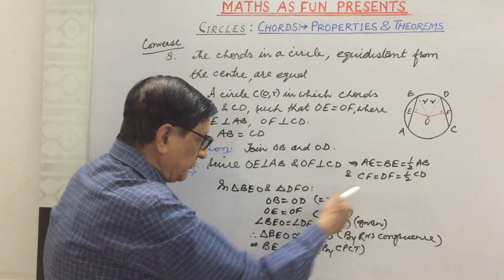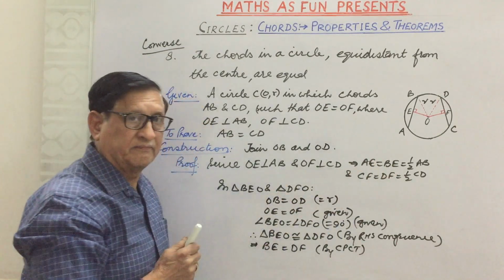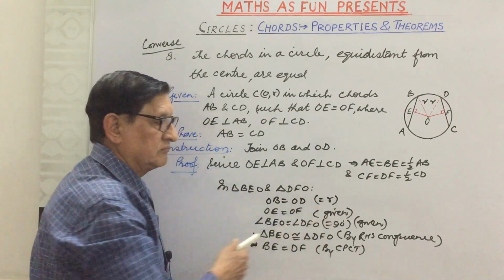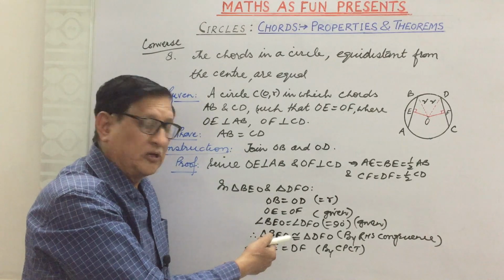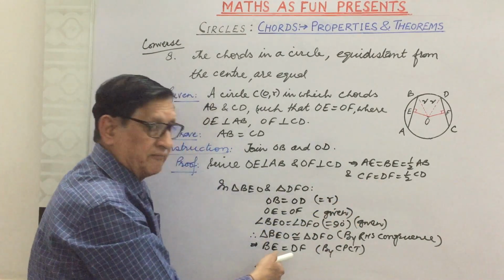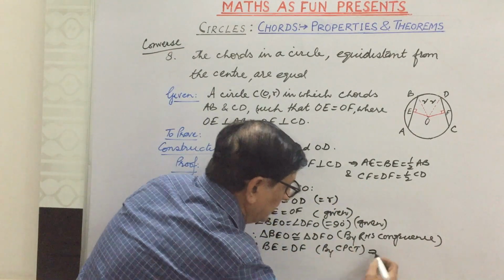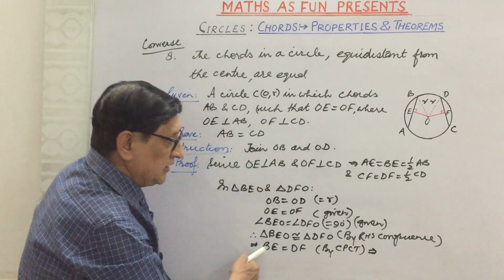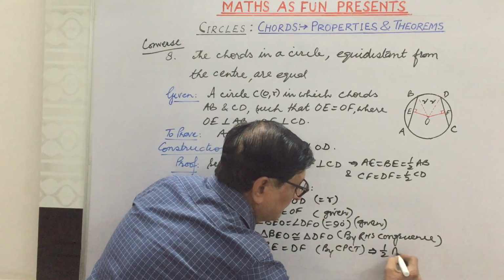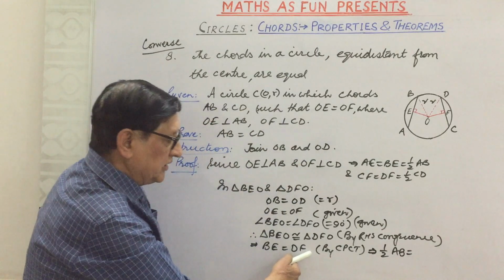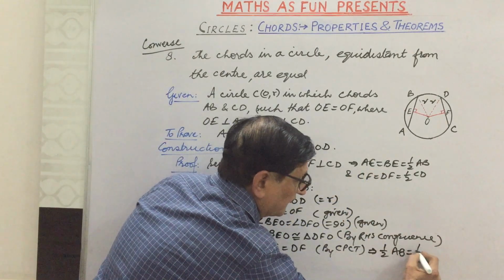We have seen here that BE is half of AB and CF and DF both are half of CD. Can we write here that BE, that is half of AB, is equal to DF, that is half of CD?